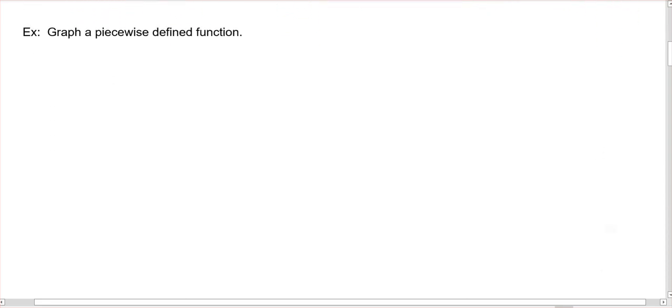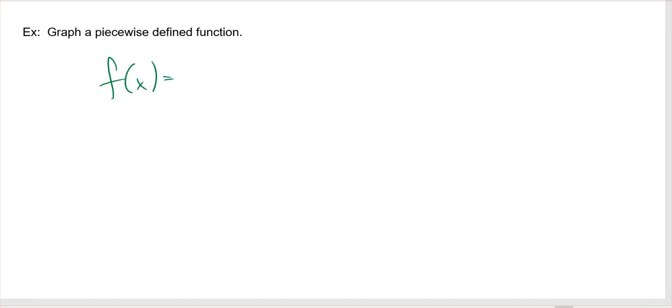We did one of these in the previous section. Let's do another one where we're going to graph a piecewise defined function. So let's say it looks like, or I guess they use "if," don't they?